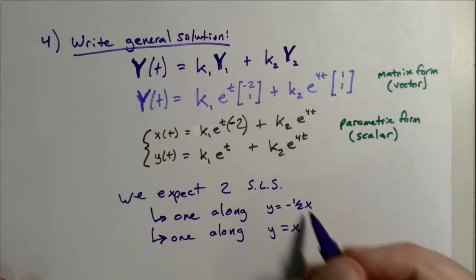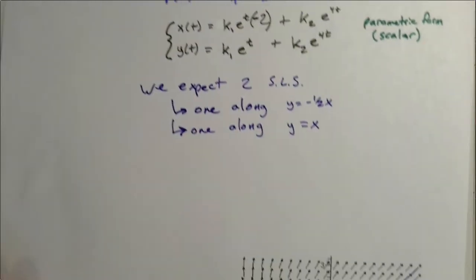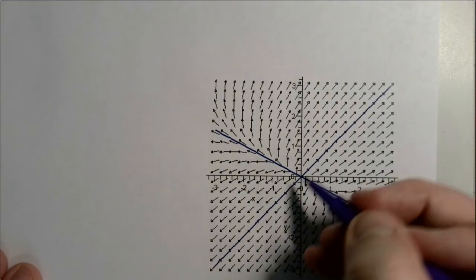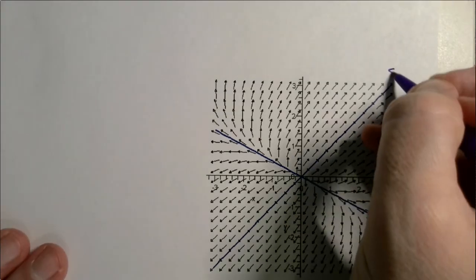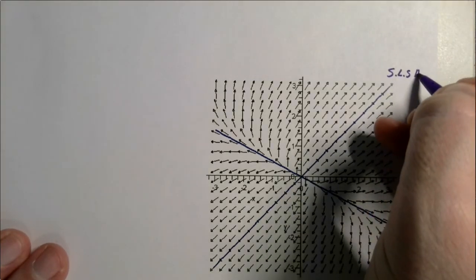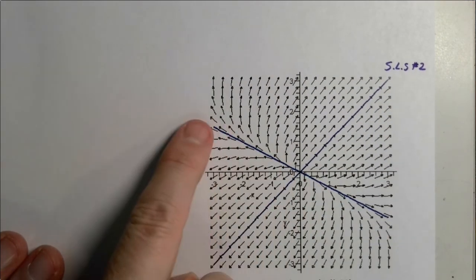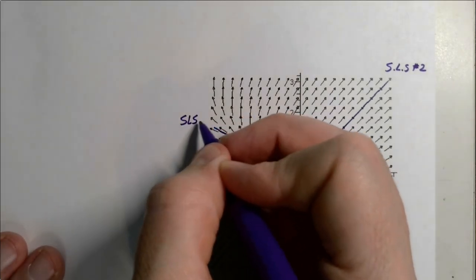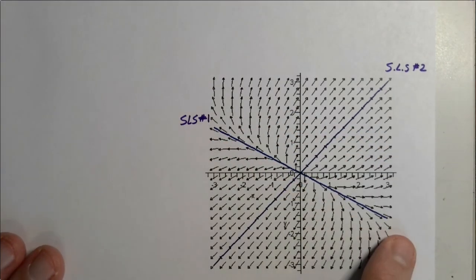And these are the directions that we got from finding our eigenvectors. And sure enough, when you look at the phase plane for this, this is me generating the phase plane for this, you have one that looks like it's along the line y equals x. And so that would be our straight line solution number 2. And then the other one looks like it's along this path right here, which is our straight line solution number 1. That's along the line y equals negative 1/2 x.